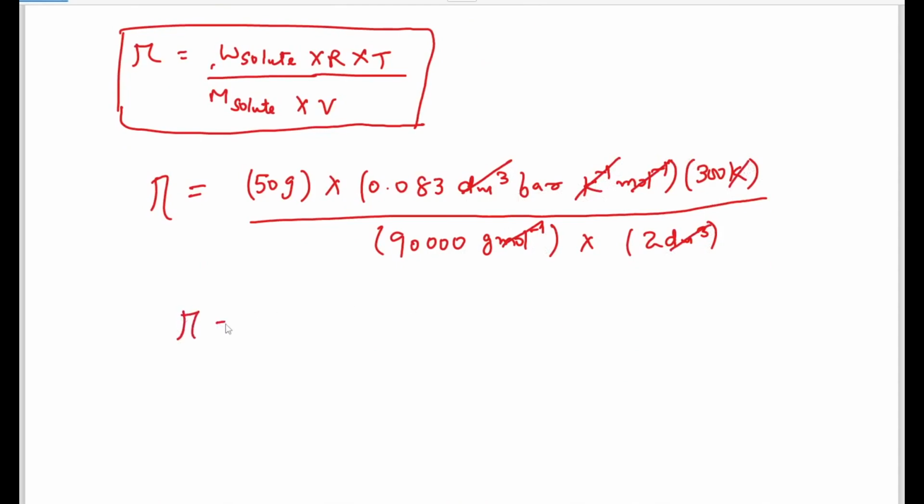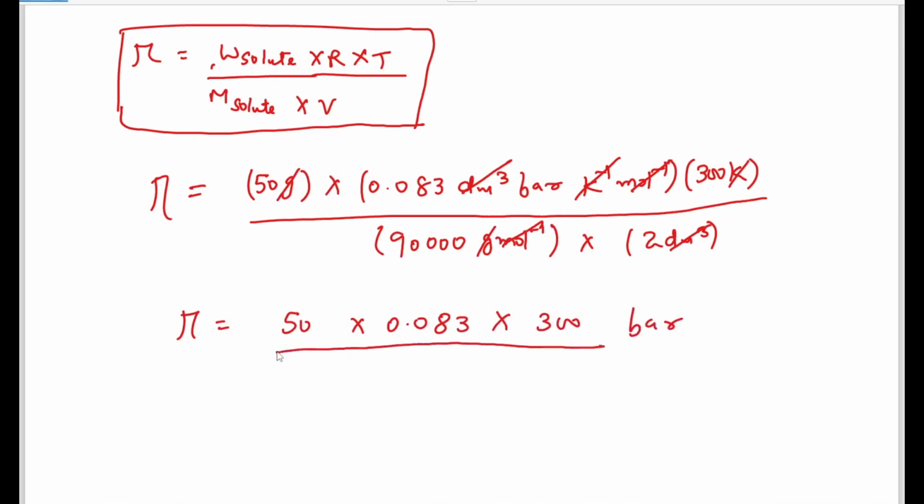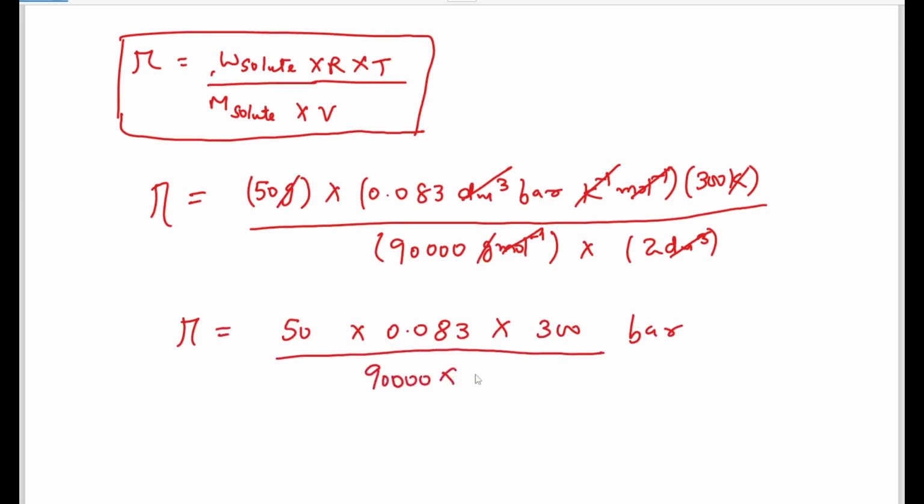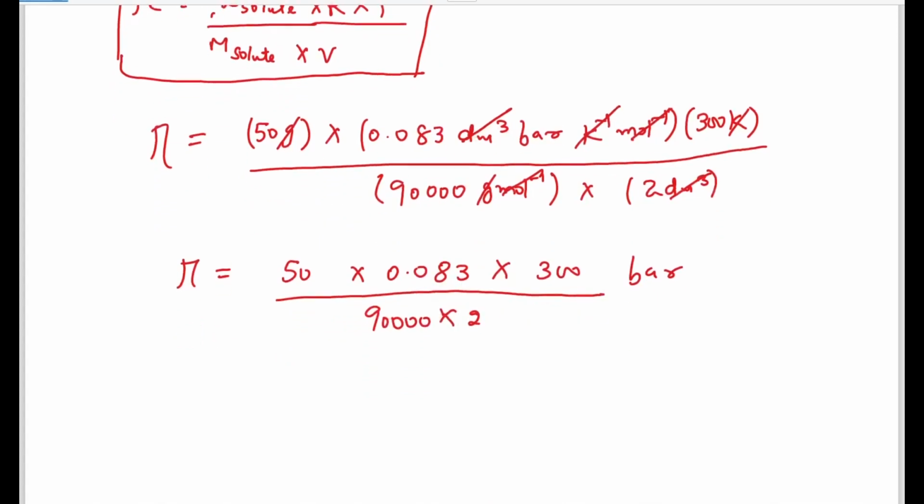So we will be left with 50 gram multiplied by 0.083 bar. We can also cancel gram with gram. Ultimately we will be left with only the bar unit, which is the unit of osmotic pressure, pi, over 90,000 multiplied by 2.